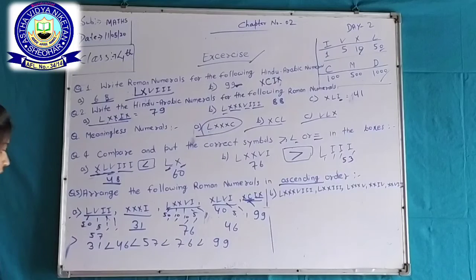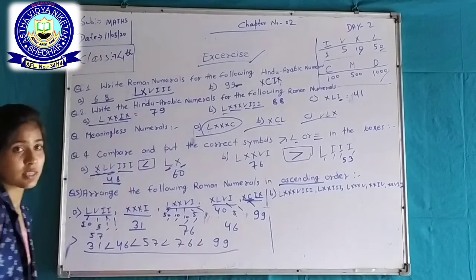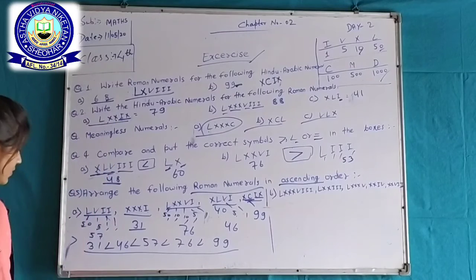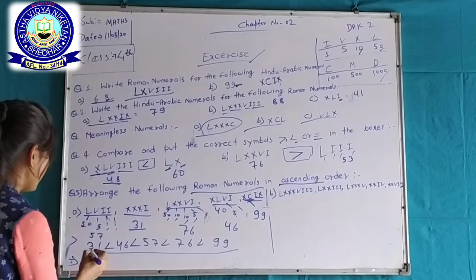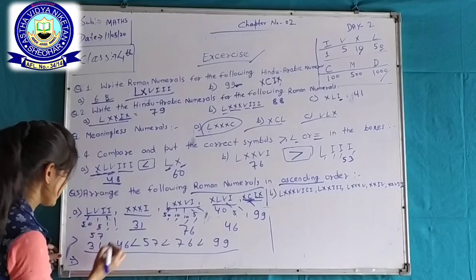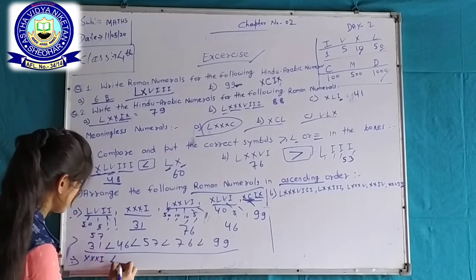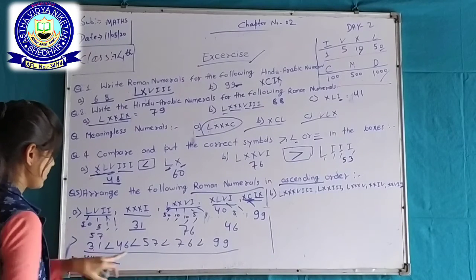After it is in Hindu Arabic numerals, we have to write it in Roman numerals. The Roman numeral of 31 is triple X and I. 31 is smaller than 46.